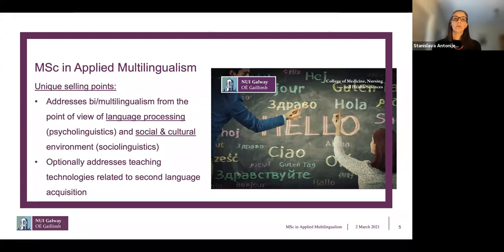But the program also focuses on the social and cultural environment, which is covered by sociolinguistics: how does that multilingual person interact with society and culture, and how do society and culture influence the multilingual individual. In addition, this program optionally addresses teaching technologies related to second language acquisition.